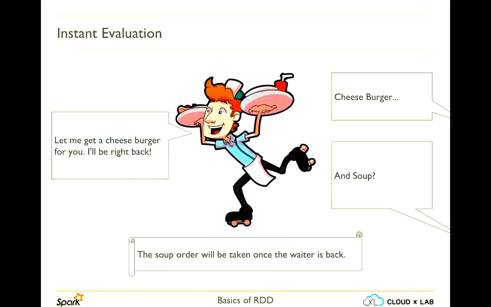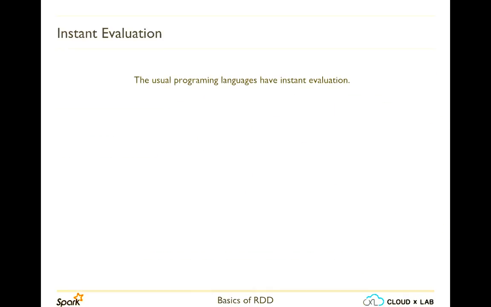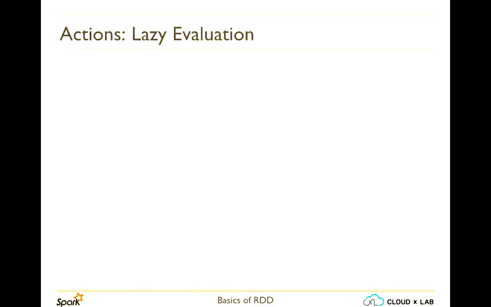And while we are executing the statement, they are basically making notes of it. The usual programming languages have instant evaluation. As you type x equals 2 plus 10, the value of x will not have 2 and plus and 10. It will have 12.